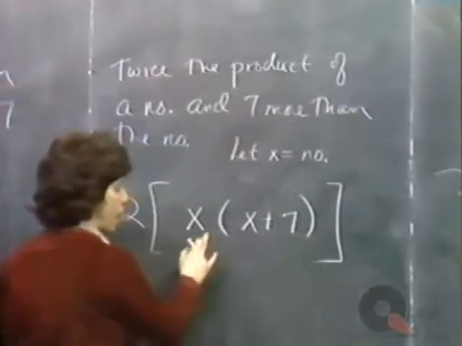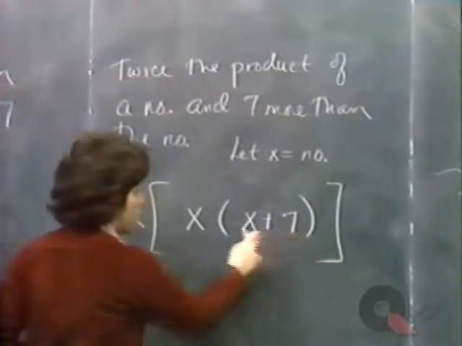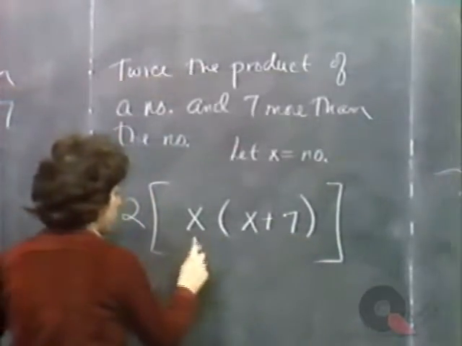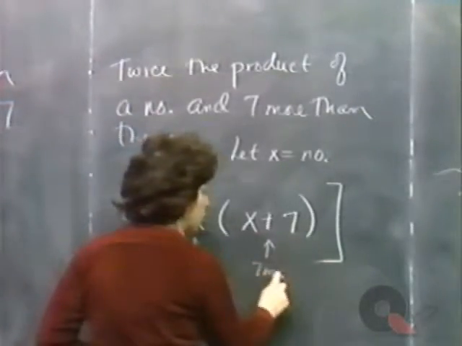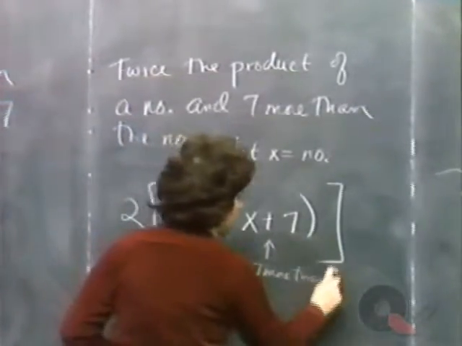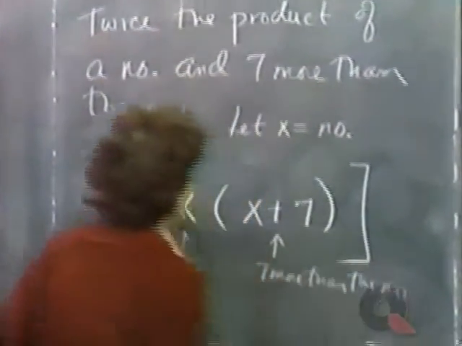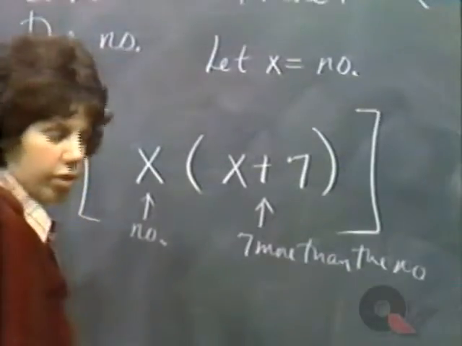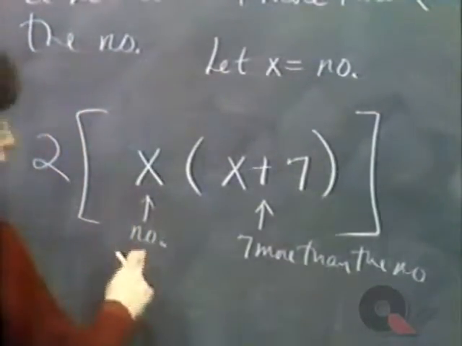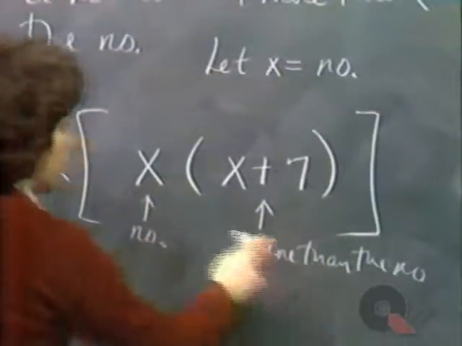Here we have the product of a number and 7 more than the number. This is the number. This is 7 more than the number. Here is the product of a number and 7 more than the number.